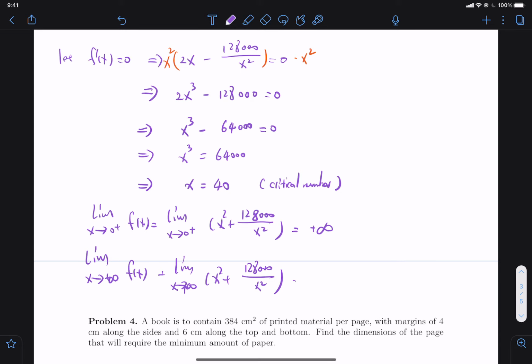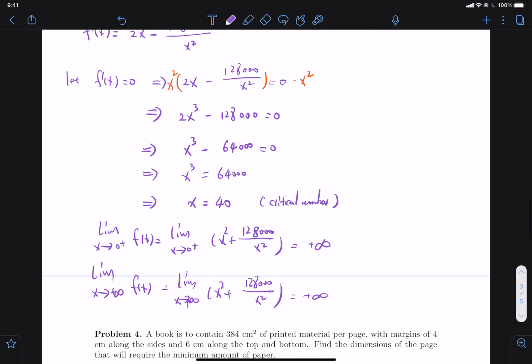So overall it is also positive infinity. Okay, we see that the function approaches infinity at both ends, right? And at this point is a finite number, so you can see that the function has the local min at this point x equal to 40, right?